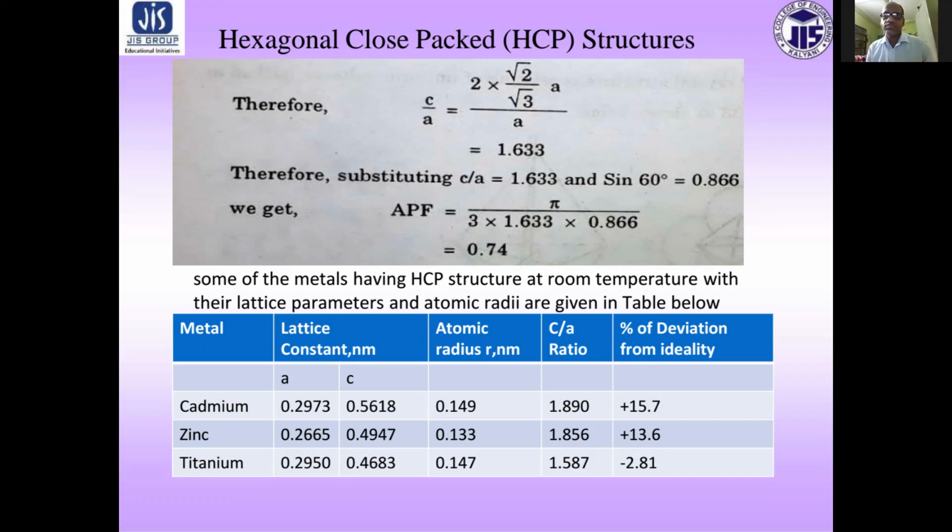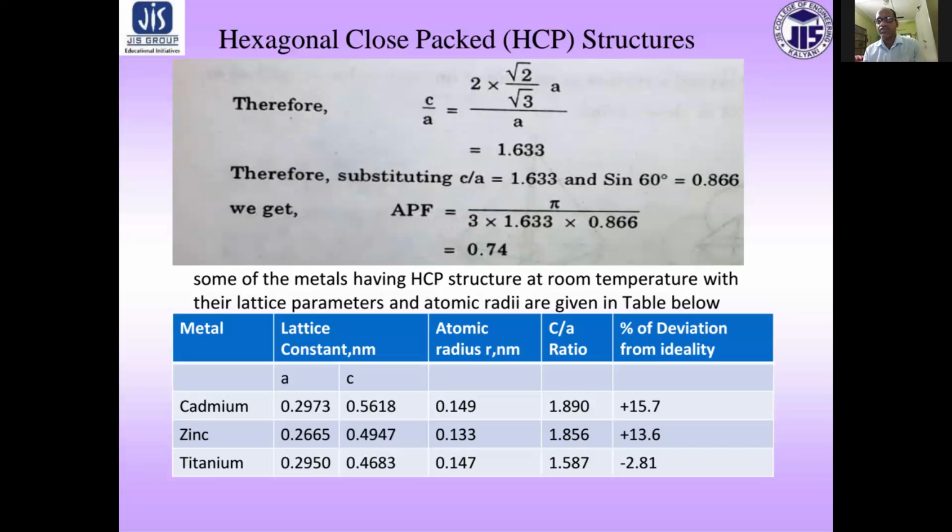So some of the metals having HCP structure at room temperature, with their lattice parameters and atomic radii, are given in the table. Metals like cadmium, zinc, titanium and so on are found with HCP structure. For cadmium, the lattice constants A and C are respectively 0.2973 and 0.5618 nanometer.